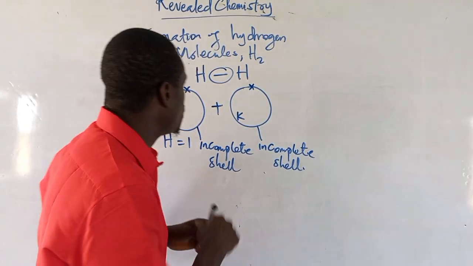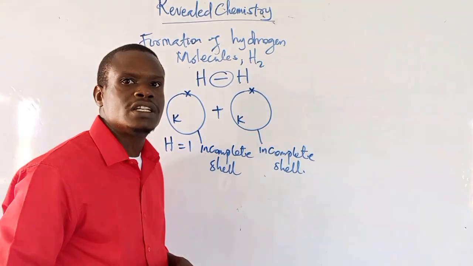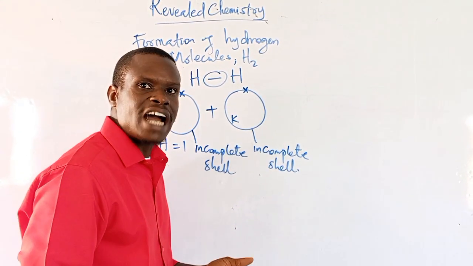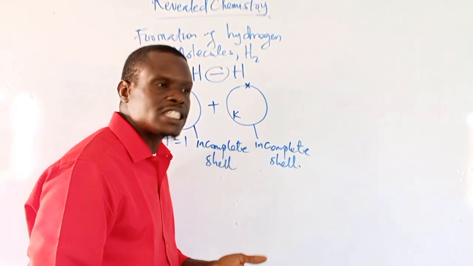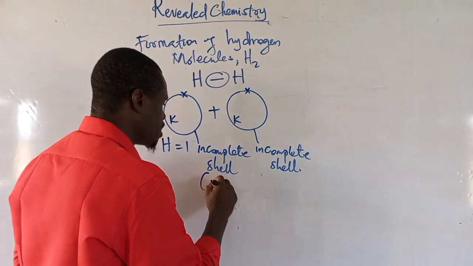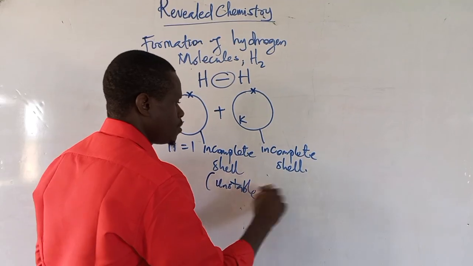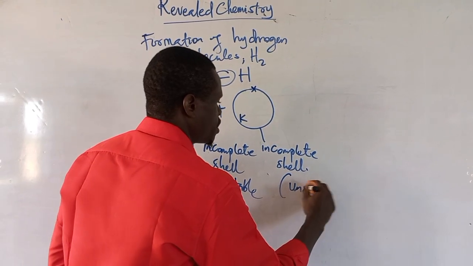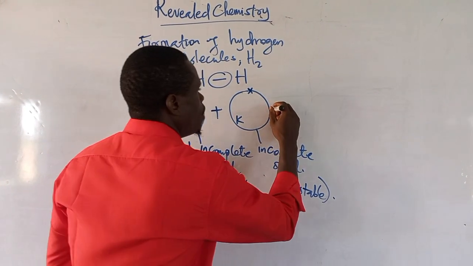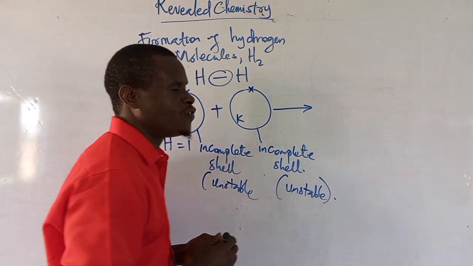At this moment, these 2 hydrogen atoms are not in a duplet state, neither are they in an octet state. So they become unstable, and so you can say that they are unstable elements.